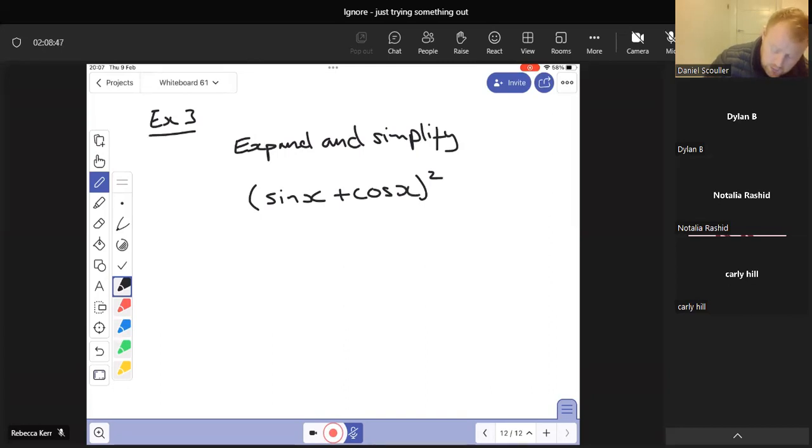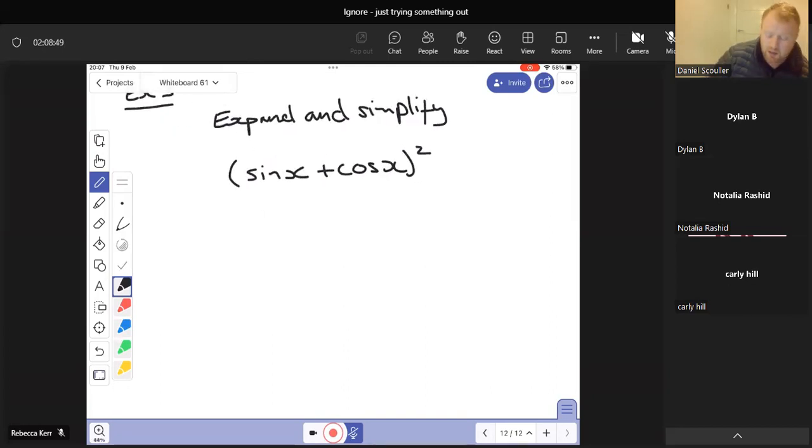So expand and simplify sine x plus cos x bracket squared. Now we can rewrite that as that.